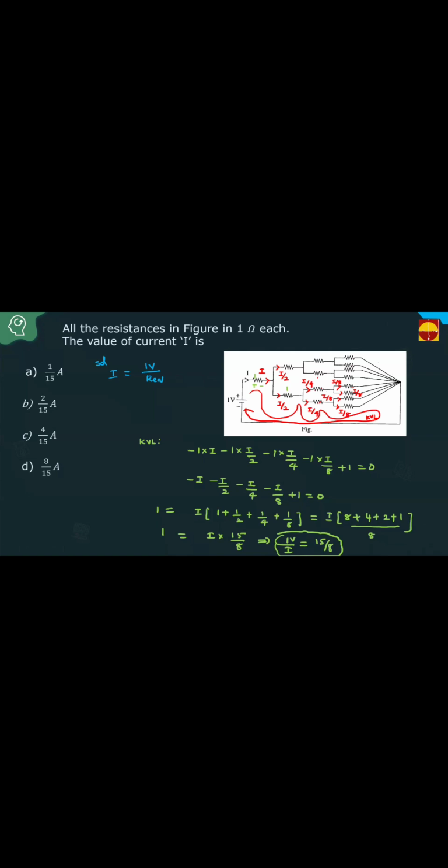Can you check it? Any mistake here? Is it 8 by 15 or 15 by 8? I by 2, I by 8, I by 4, I by 8. That is correct, equal to 1.